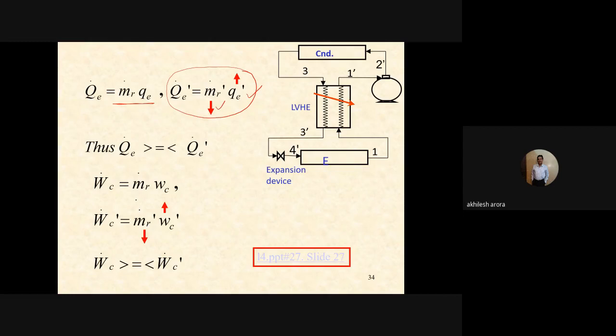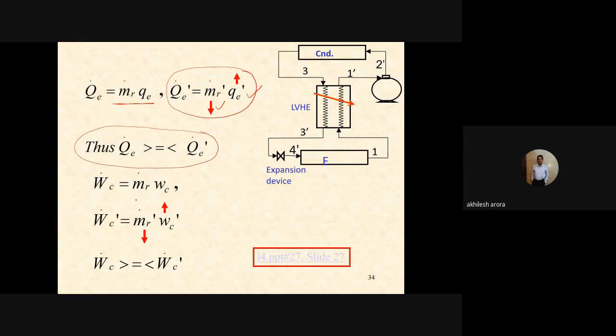So in a nutshell, it's really difficult for us to say whether it has increased, reduced, or remained the same. So the conclusion is the cooling capacity will be either greater than, less than, or equal to the cooling capacity before we incorporated the liquid vapor heat exchanger.